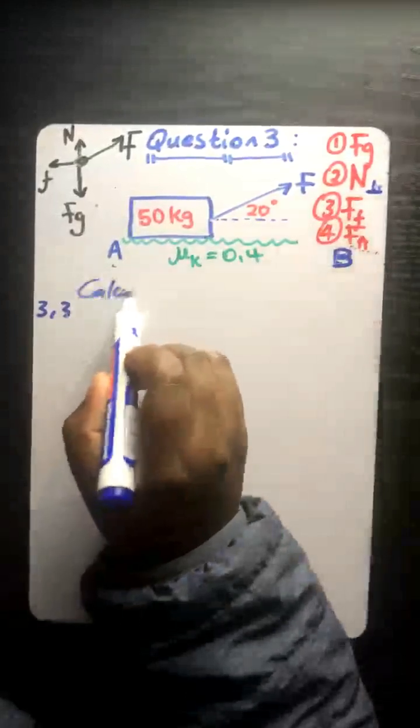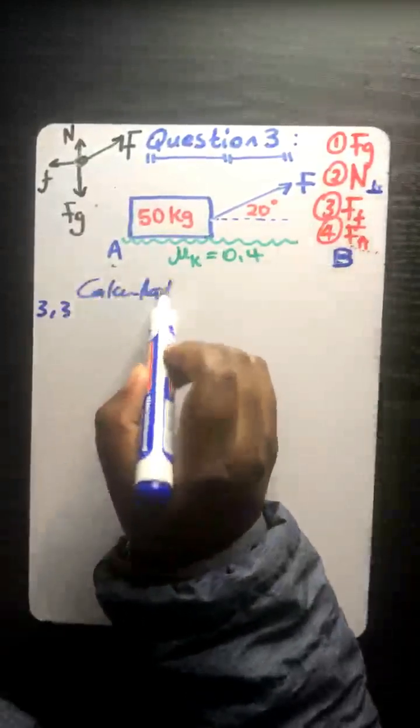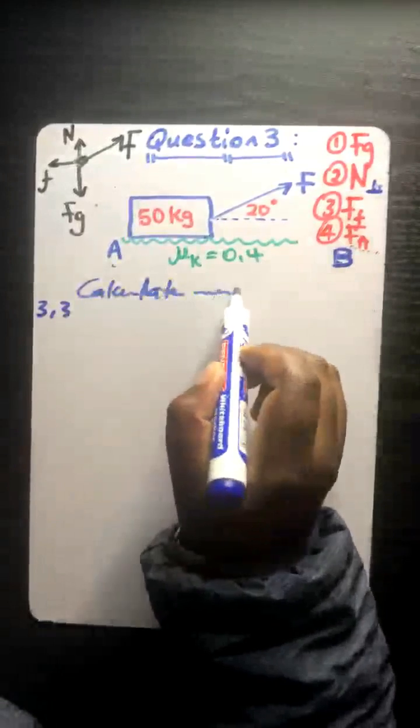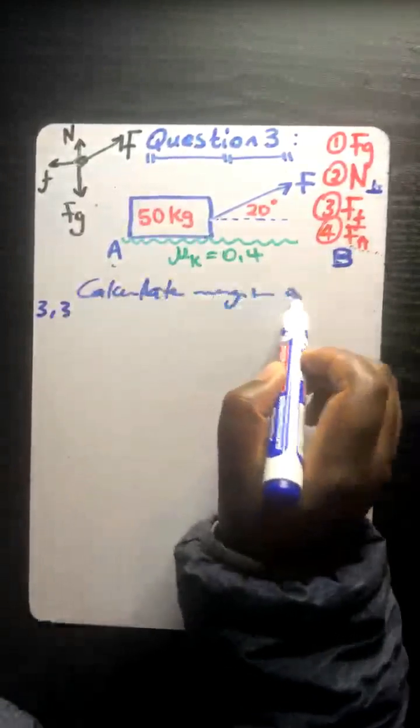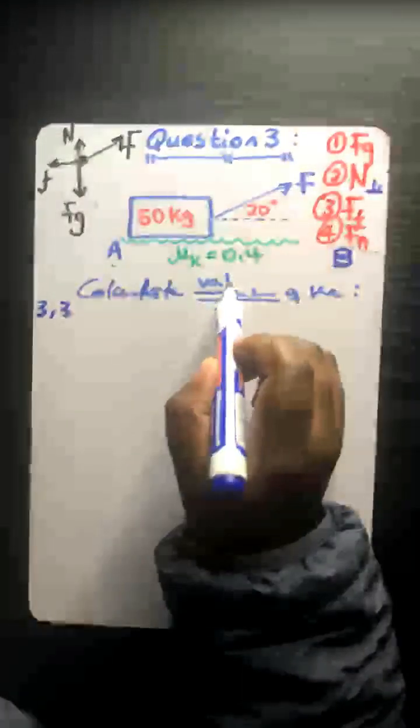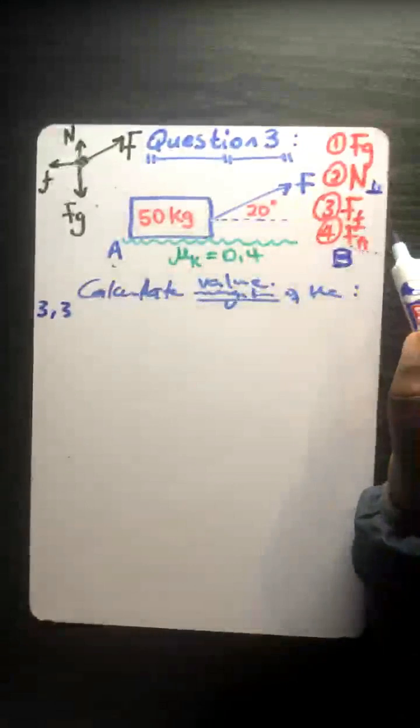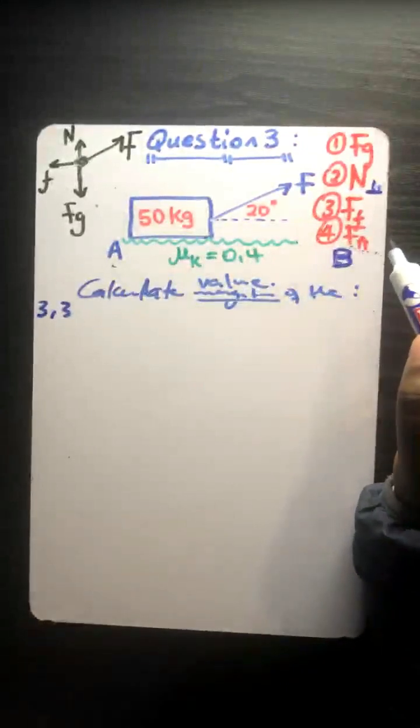So now here comes a question, and they want you to calculate the magnitude of the following. Remember, the word magnitude refers to the value. So they are actually requesting you to calculate the amount. So let's see.